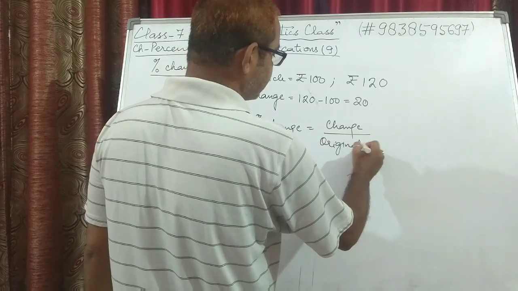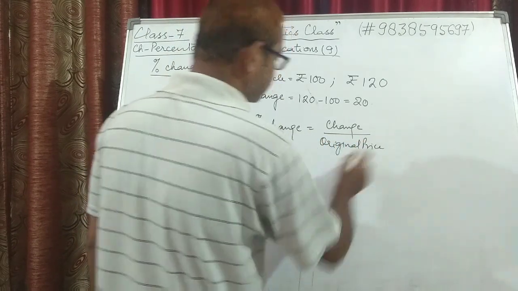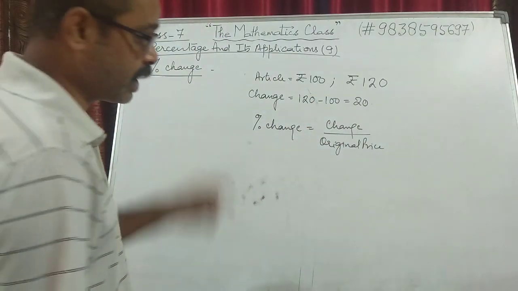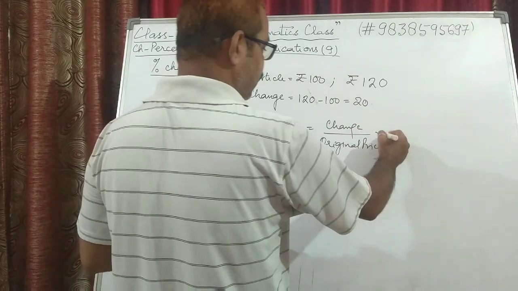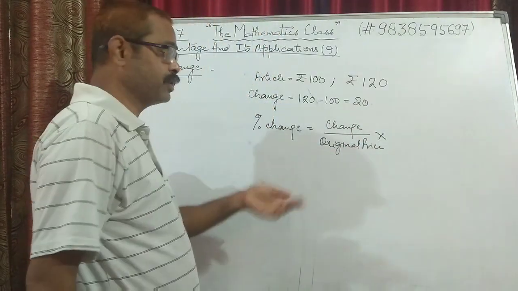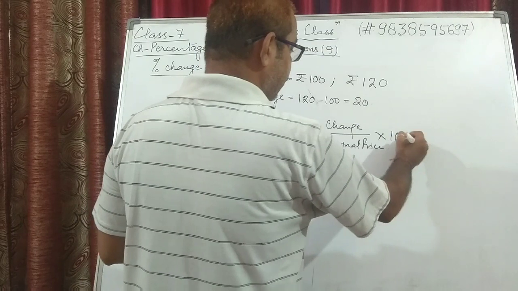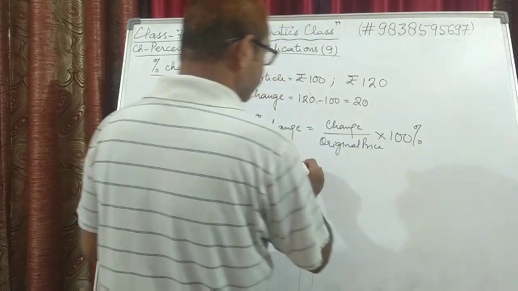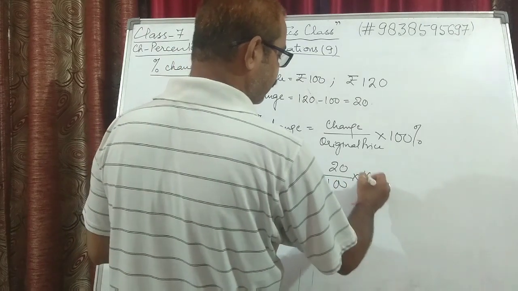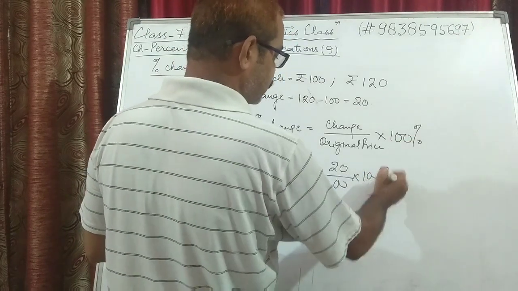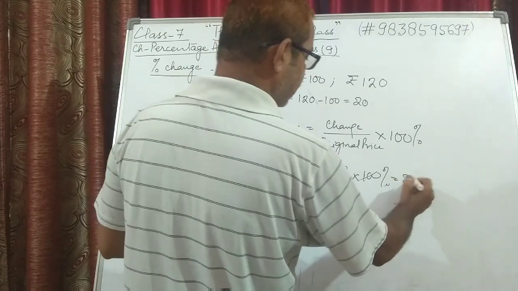Original means initial price, and this is in the form of a fraction, and we know that when we convert any fraction into percentage, we multiply by 100 and put a percent sign. So change is 20, original price was rupees 100 and now it is 20 upon 100 into 100%, so zeros cancel, 20% change was there.